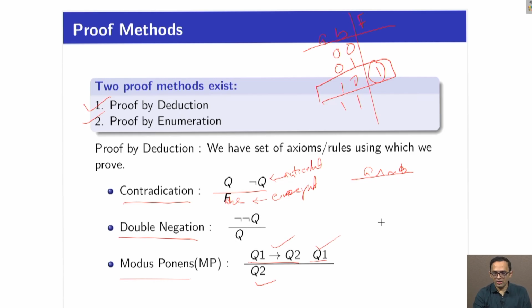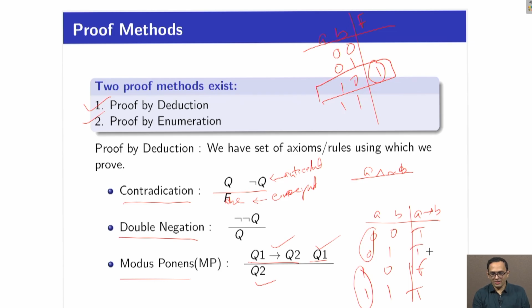So, if you know the truth table of implication, a, b and a implies b: 0 0 1, 0 1 1, 1 0 0, 1 1 1. So, this case is false. Whenever this is true, this must be true. And whenever the antecedent is false, I do not know, so that is also true.